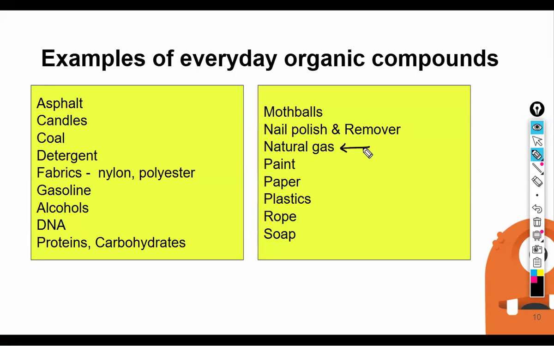That thing we take out of the ground and provides the most money to Trinidad and Tobago, right? Rope, plastics, all of these things are organic compounds. Now, in the exam, if the examiner asks you to list a few examples of everyday organic compounds, he might just ask you for 3. I list more than 10 here, but the truth is, he might just ask you for 3. Okay? Great. Let's move on.